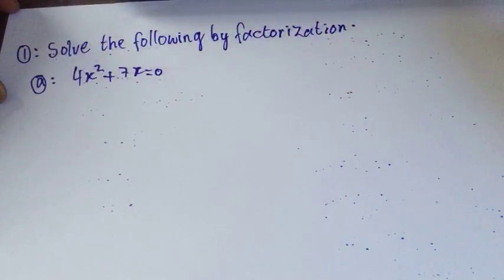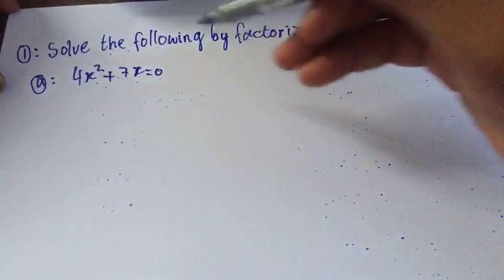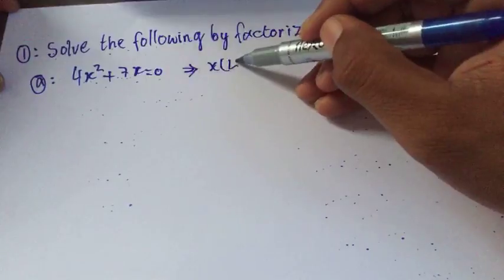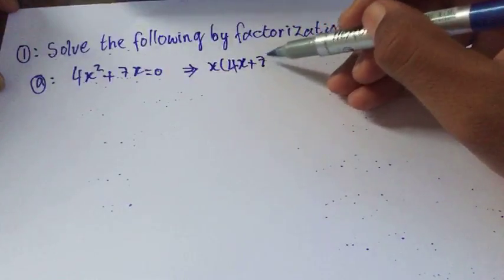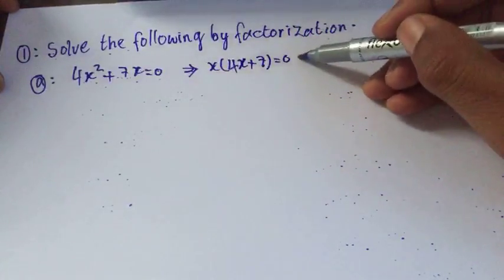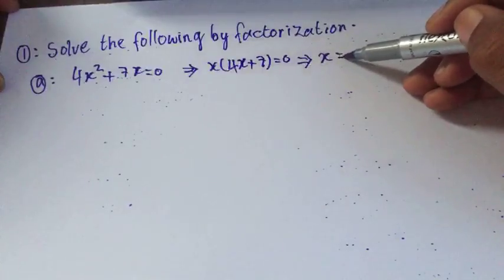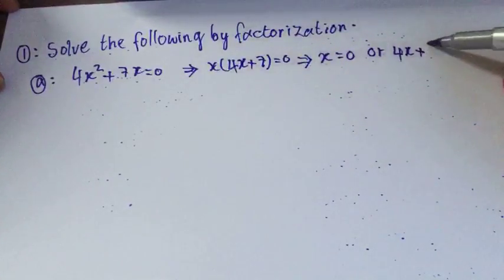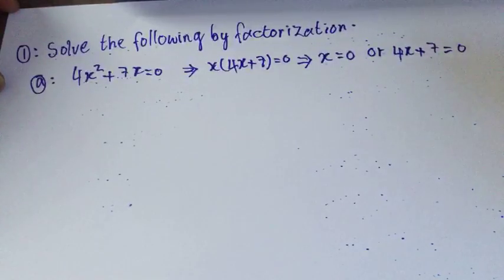What is the answer of this one? Very easy. We just factorize x(4x plus 7) equals 0, which implies that x equals 0, or 4x plus 7 equals 0. After that, you can find x equals minus 7 divided by 4.